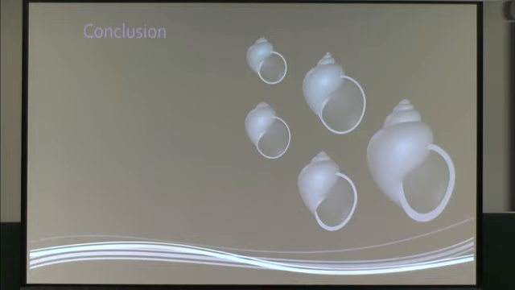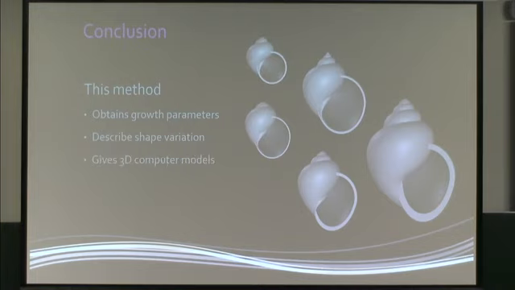And these parameters do describe the shape variation in the way we expect. And they should also be closely linked to the genetics behind it, but that has yet to be investigated. And we do get these nice 3D computer models.